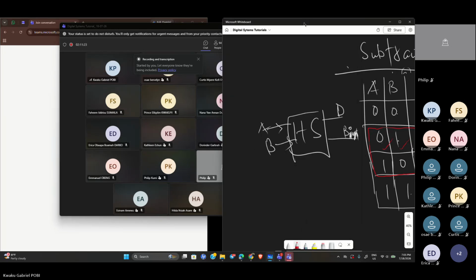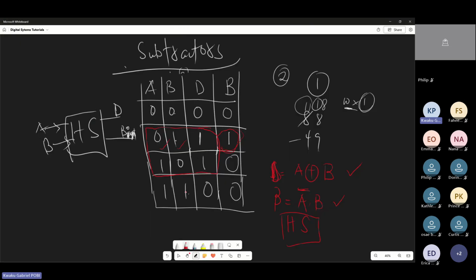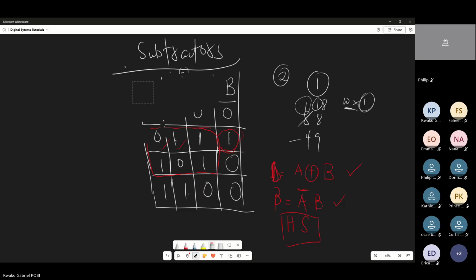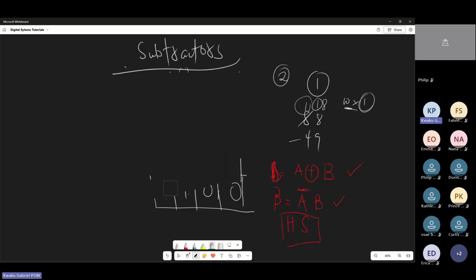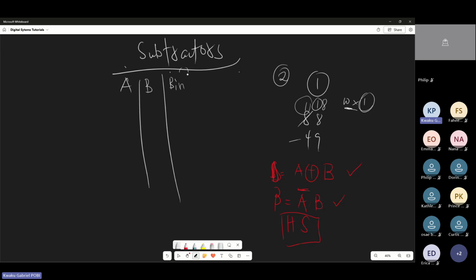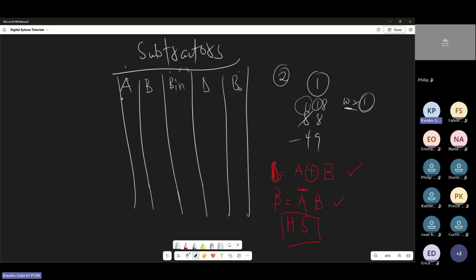Okay. So with this, if you want to implement a full subtractor too, you have to go with 3 bits, right? Because you have a borrow in addition to the 2 things you are going to subtract. So in that case, you would have A, B, borrow in, and then you get a difference, and then let's say B naught.